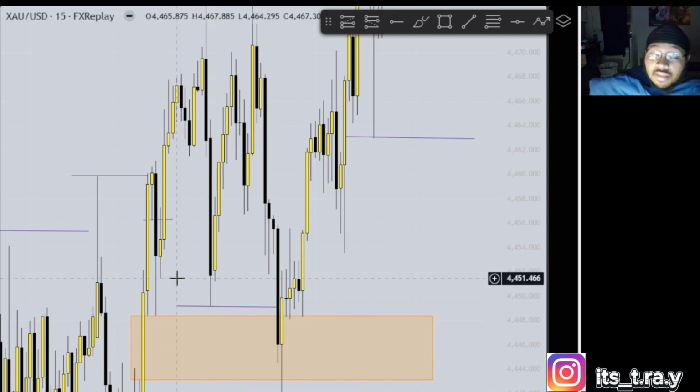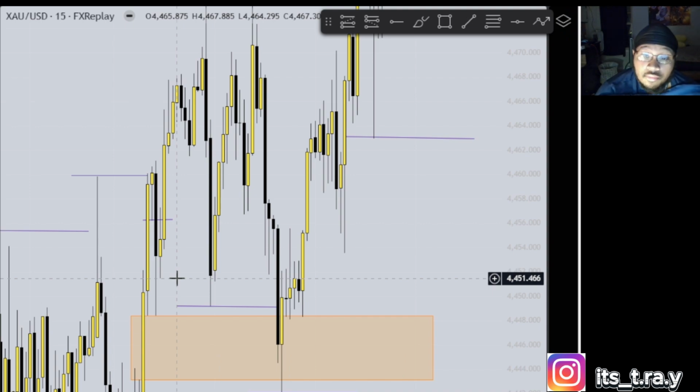There has to be a space between the first candle's wick or body and the third candle's wick or body. Usually you'll do it from wick to wick. But say the first candle is fully solid with no wick, and then the third candle has a wick, you would just mark the box from where the first candle's body ends to the third candle's wick, and that's still a fair value gap.